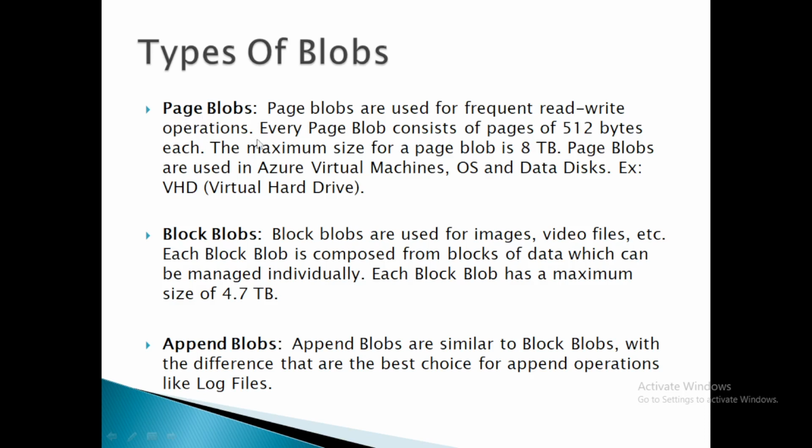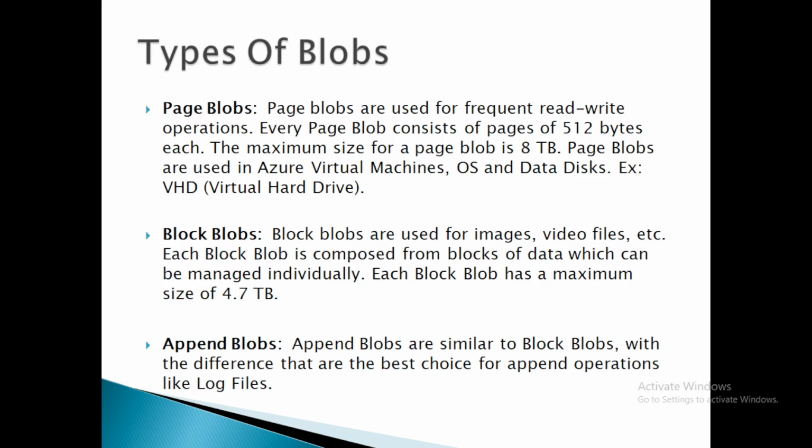So what is the page blob? See, page blobs are used for frequent read and write operations. Every page blob consists of pages of 512 bytes each. The maximum size for a page blob is 8 TB. And page blobs are used in Azure Virtual Machine OS and data disks.